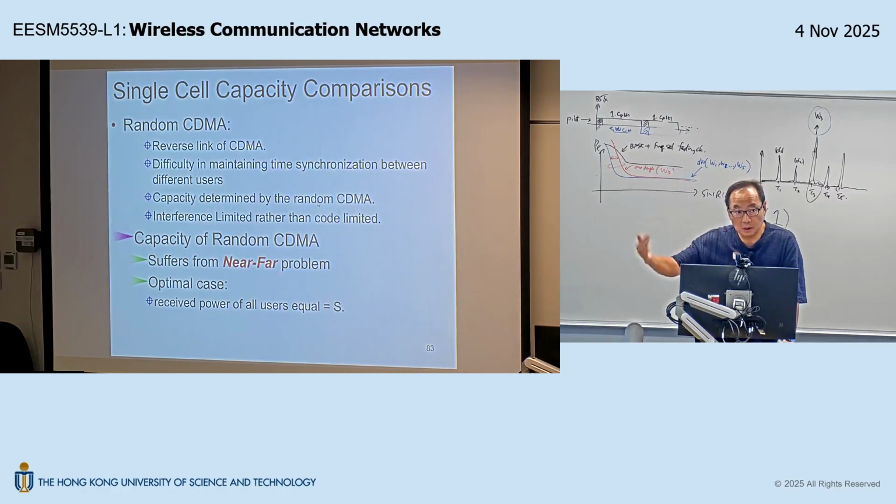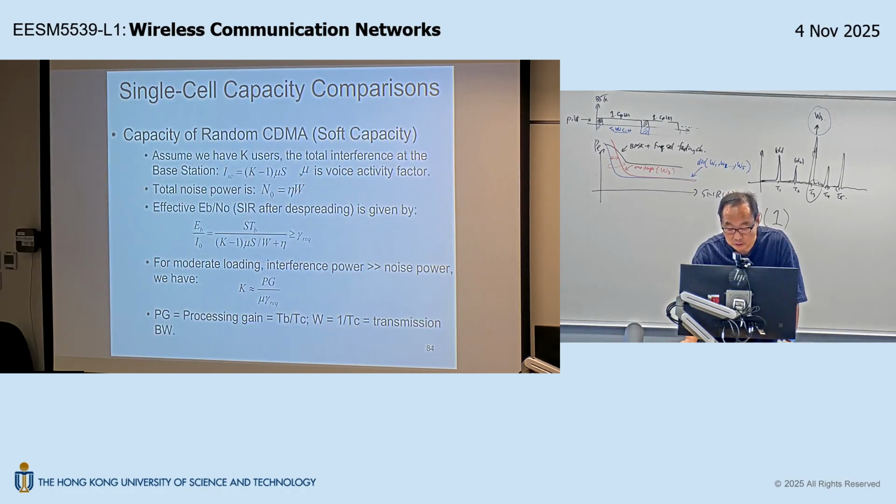And so you keep on inviting more users into the network, the total interference level will keep on rising until you cannot tolerate any additional interference. So that will be your capacity limit. And we worked out the equation already. So at the end, the number of users you can support is simply given by the spreading factor divided by the required SINR.